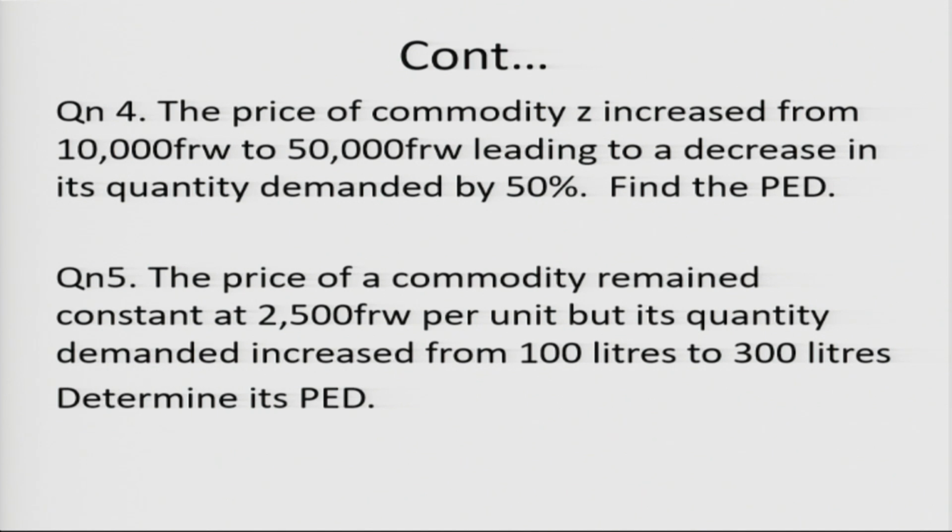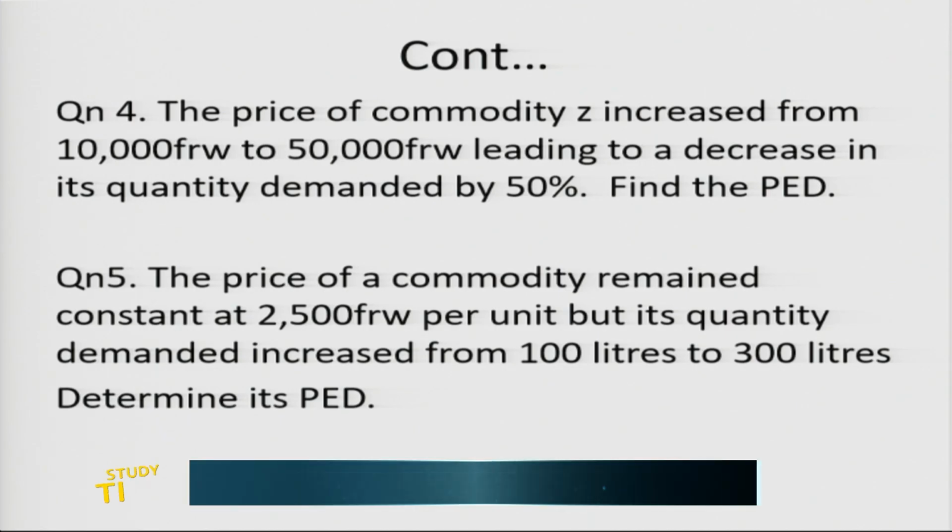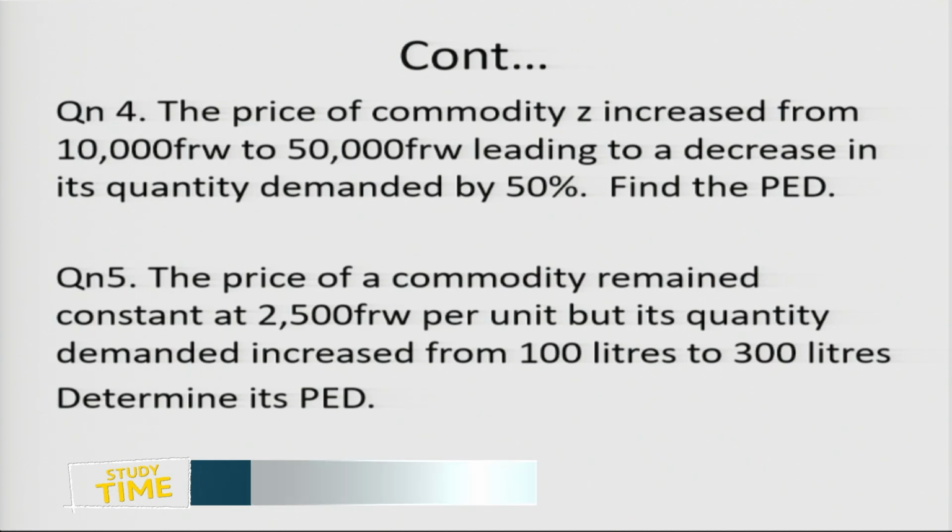Here, the price did not change. There was no price change. So here, the demand is perfectly elastic. The price did not change, but quantity demanded changed. So if we come to interpret here, you will find that your PED is infinity. Price elasticity of demand here is at infinity.